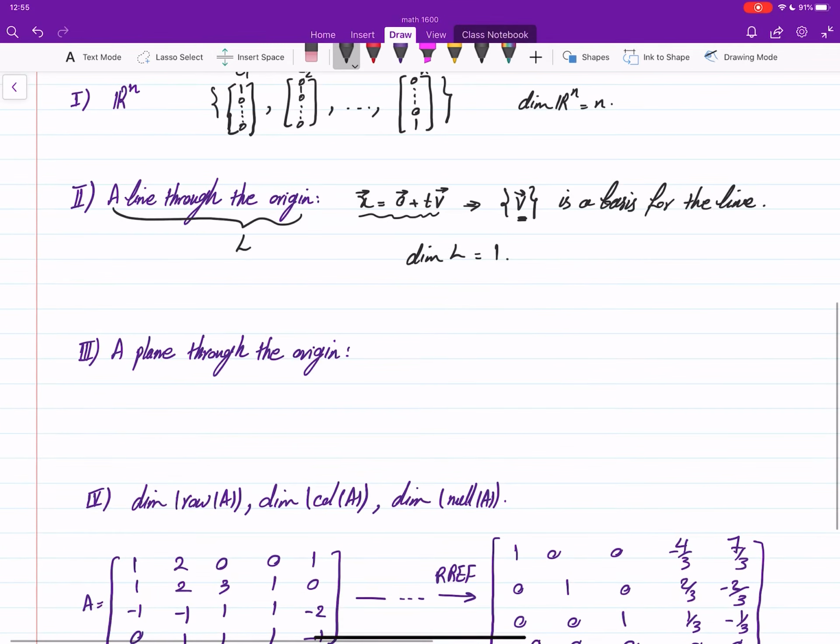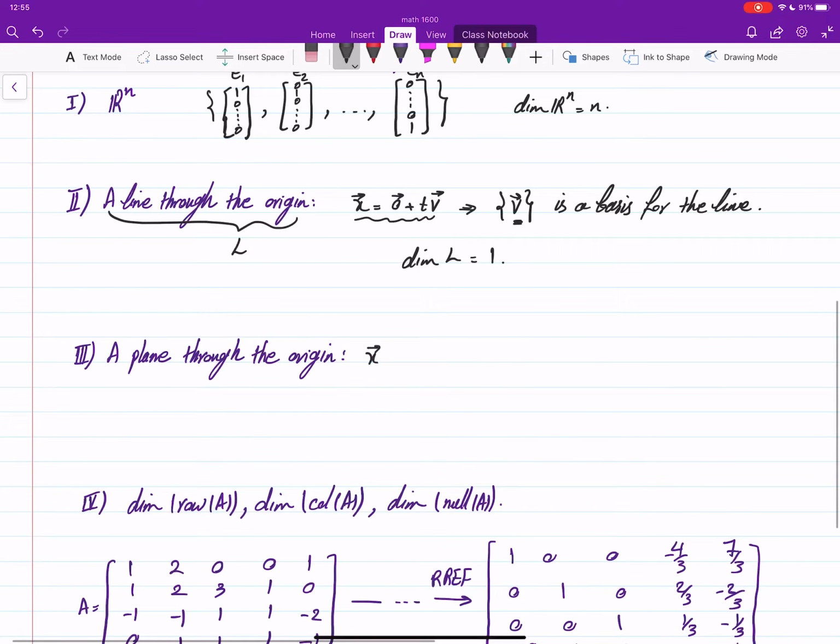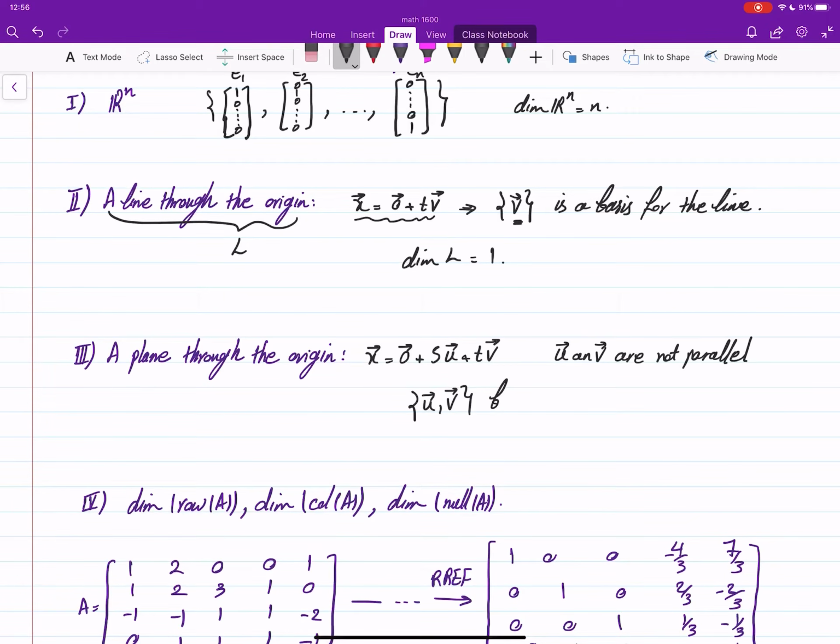And for the plane, you have x equals x0 plus su plus tv, where u and v are not parallel. That implies right away that u and v form a basis. Let me call that P, and just count how many elements it has.